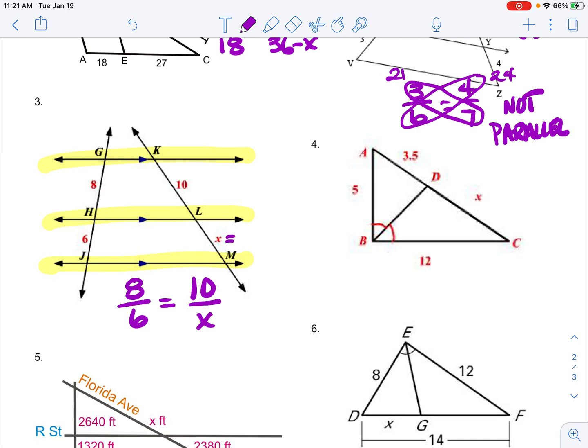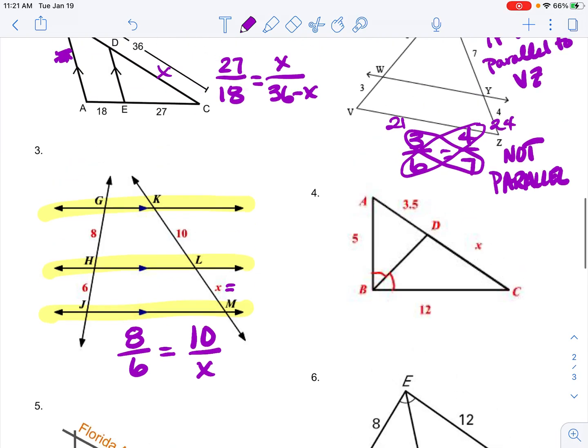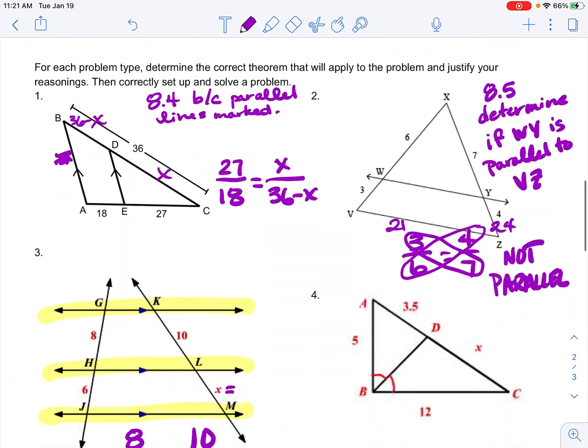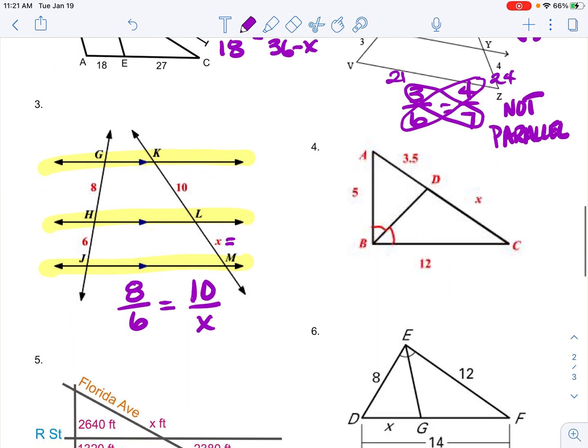And then I solve this to find my value for x. For number 3, I also need to state which theorem, which is 8.6, and justify. 8.6 because there are 3 parallel lines.